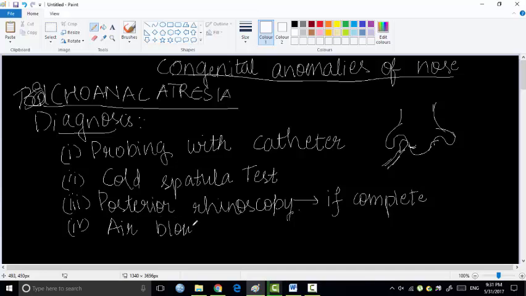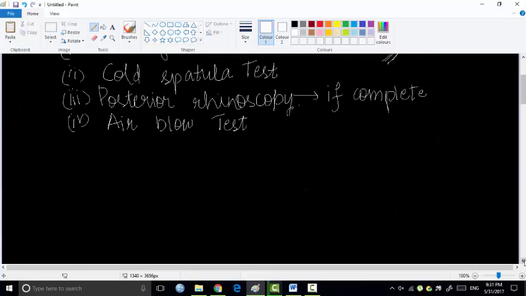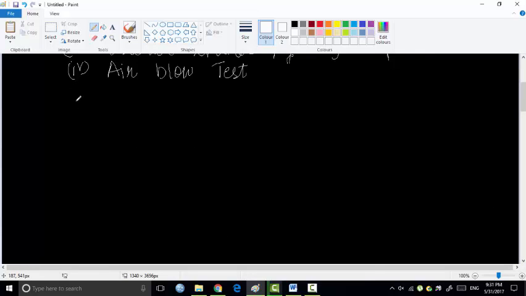As the name says, we blow air into the nostrils to test the patency of the nostrils. So that is the air blow test. And the fifth one is the radio opaque dye test.